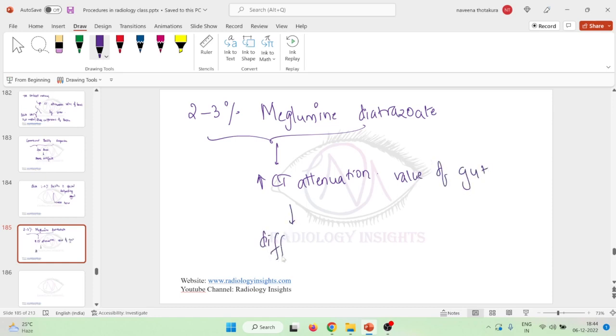When the CT attenuation value is high, we can easily differentiate between the surrounding tissues. As a result, better delineation of anatomical organs can be achieved by using a solution of 2 to 3% meglumine diatriazolate.